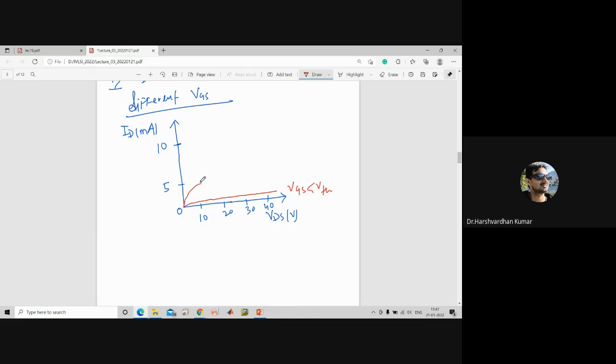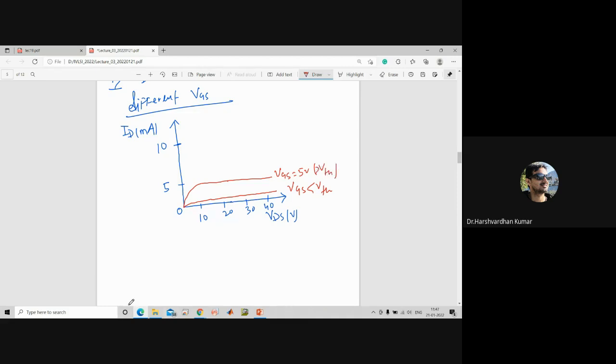After that, there will be a pinch off for the further increase in VDS and the current becomes constant. So let us say this is VGS equal to 5 volt, which is greater than VTH.